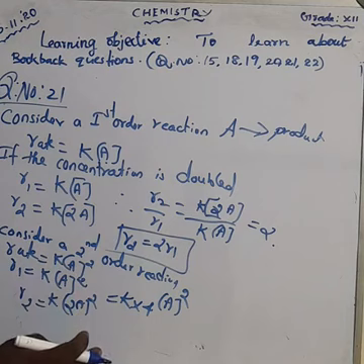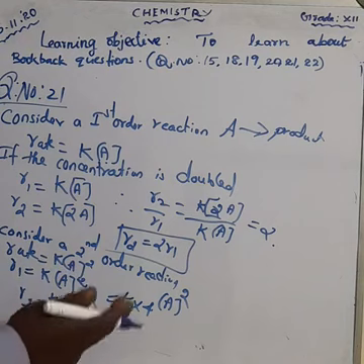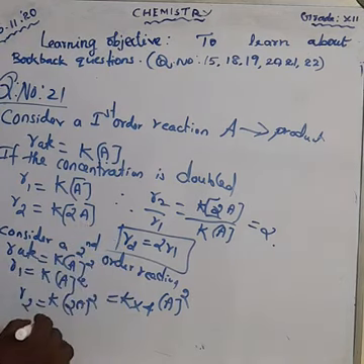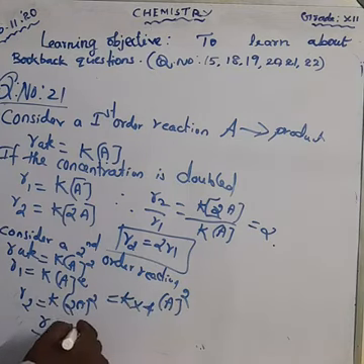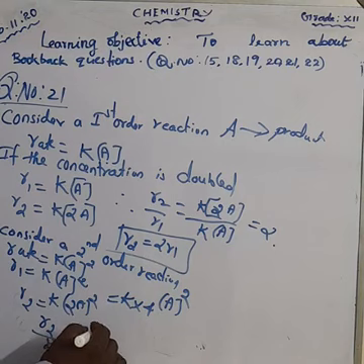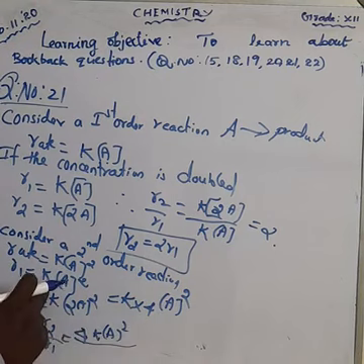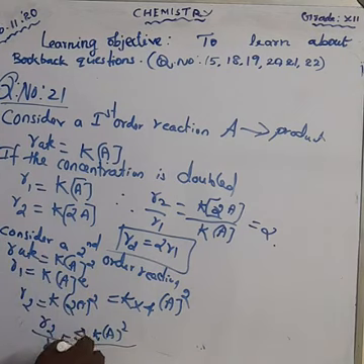So we should write R2 by R1. R2 is K into 4A squared, divided by R1, which is K A squared.